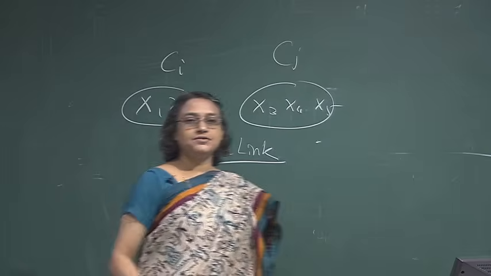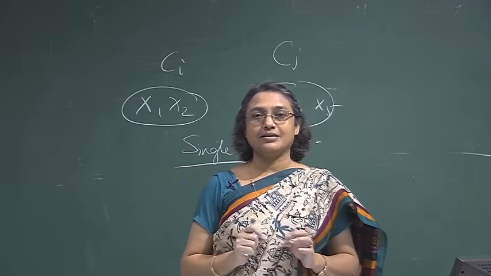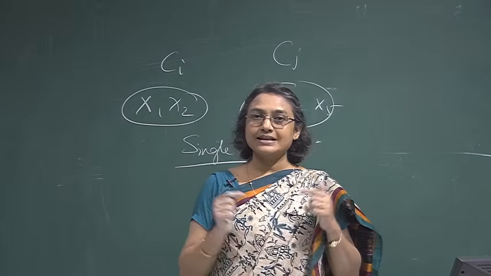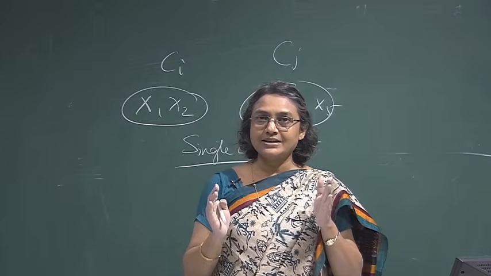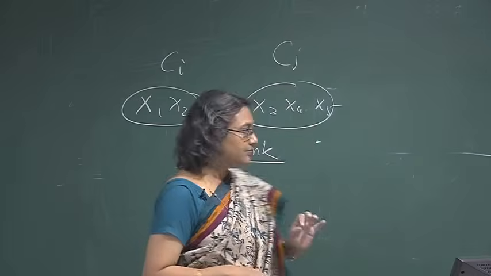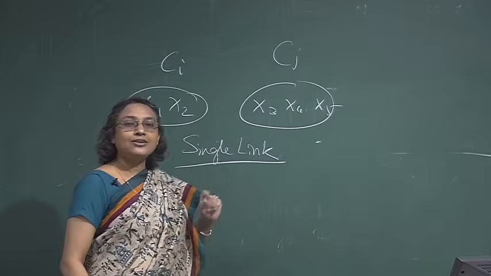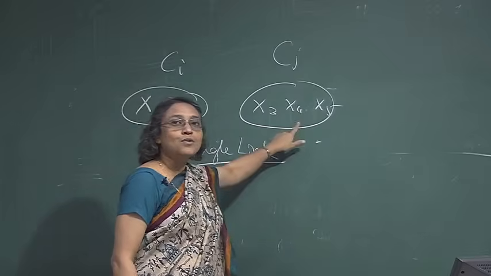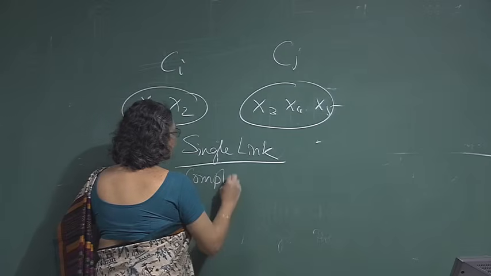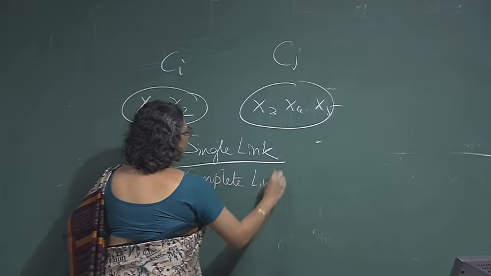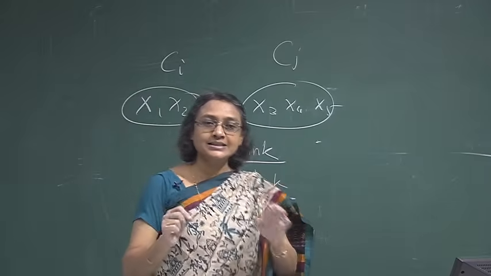The similarity of the most similar pair we take as the similarity between the two clusters in single link clustering. In complete link, which we will talk about next, we take the least similar pair as a measure of the similarity between two clusters. When we take the similarity between two clusters in single link, we take the value of the similarity between the most similar pair. In complete link, we take the similarity as the value of the least similar pair.